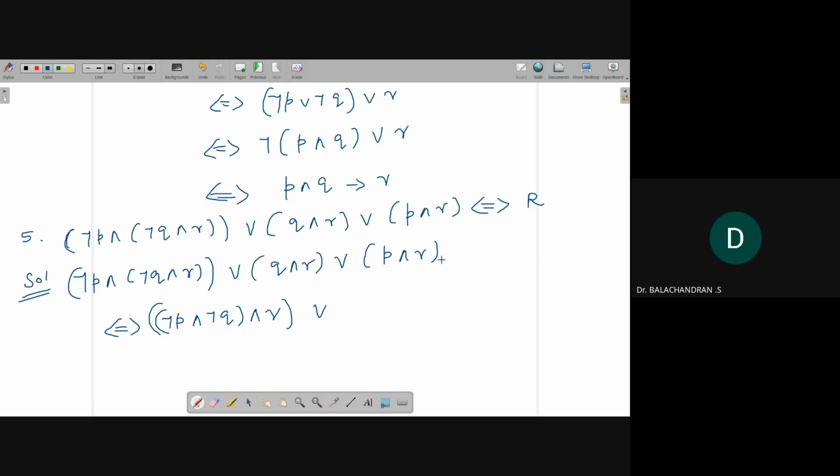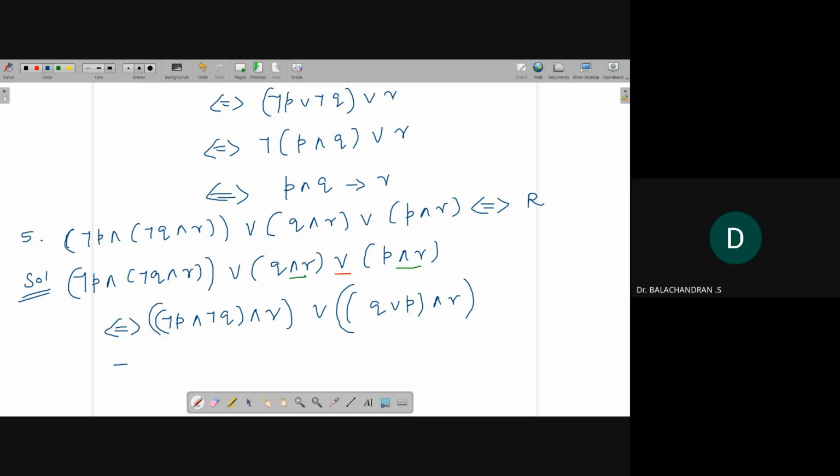Okay, here I am going to apply distributive law. Here R, here and R, here what? And R. So then what you will get here? Within bracket Q or P, a bracket like this, and then and R, close the bracket.